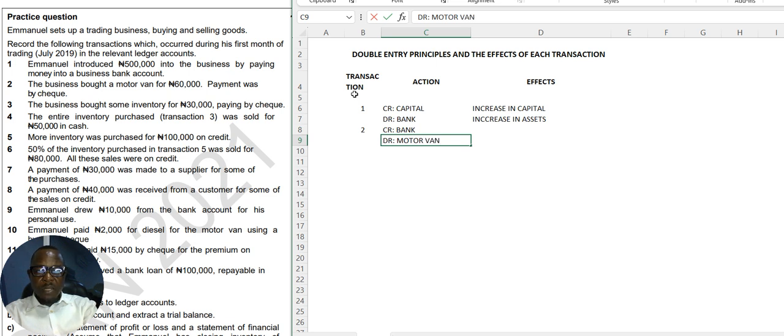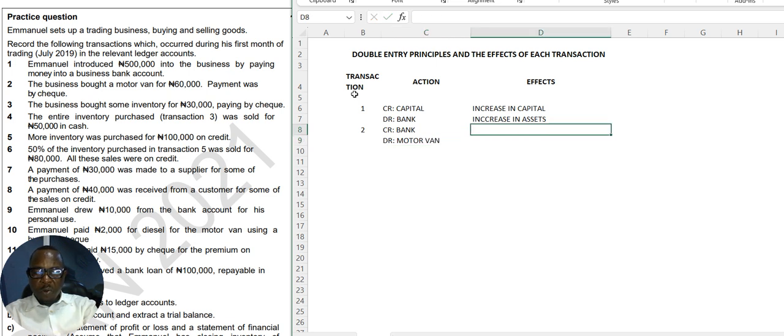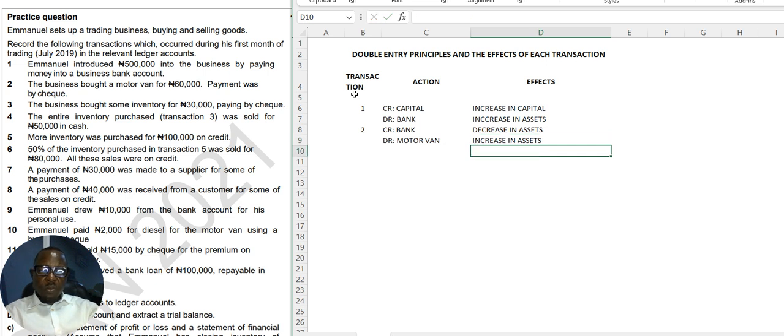This is the action you are taking, and what are the corresponding effects of it? Your bank decreases in asset, while your motor van asset also increases in asset. All right, so these are the 2 actions you're taking.